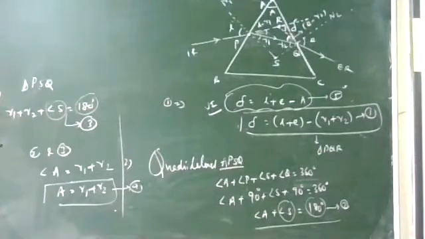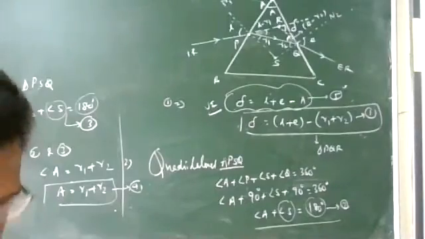You have to perform this experiment in the lab also and plot a graph. Next, we are going to plot a graph between angle of deviation and angle of incidence. That is the next step. As the angle of incidence changes, the angle of deviation also will change, and see what kind of variation we are expecting. So next is the variation of angle of deviation with angle of incidence.